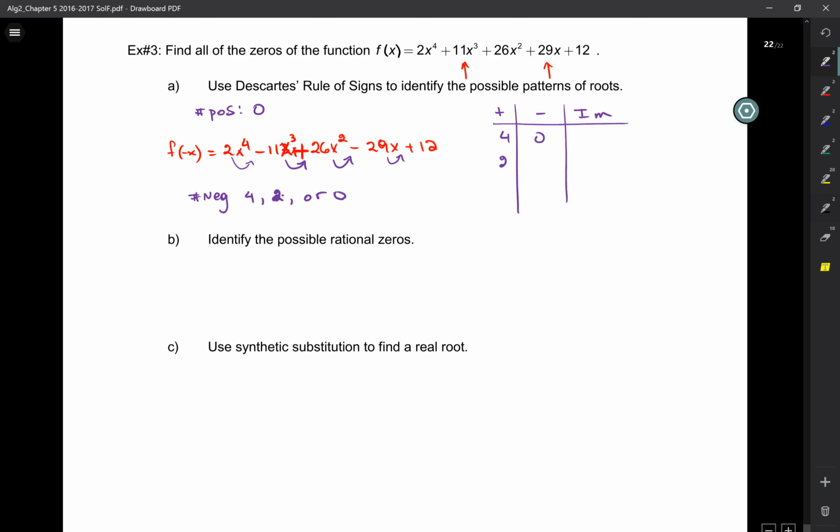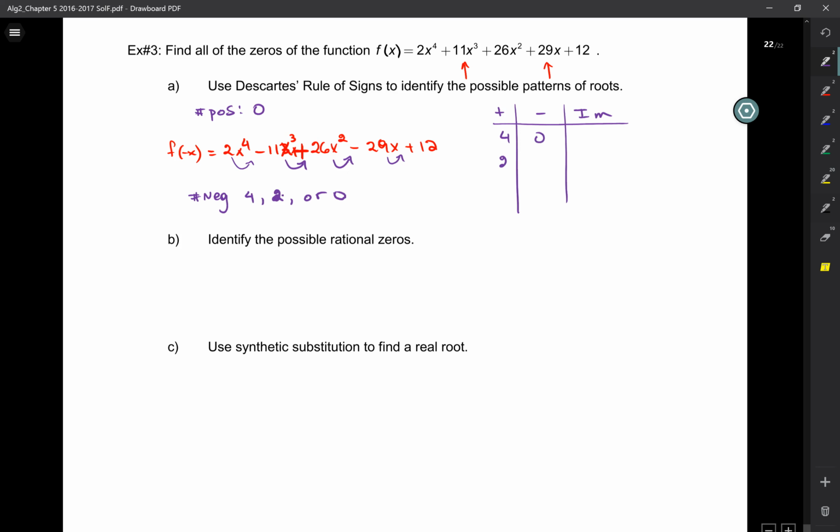So for the p's, it's going to be the factors of 12, so plus or minus 1, 2, 3, 4, 6, and 12. And for q, plus or minus 1 and 2.